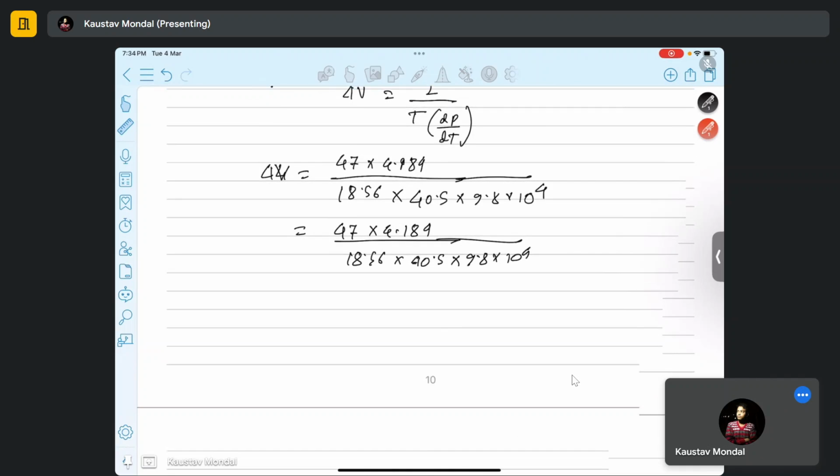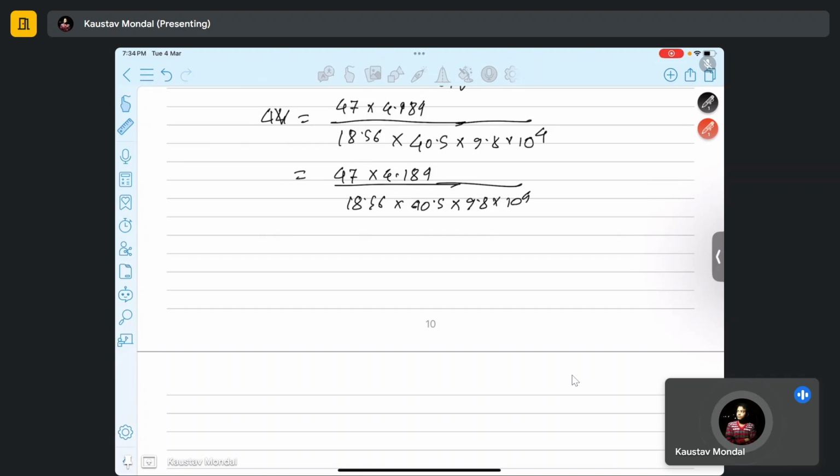Then if you do this multiplication, this whole thing cancels, and this will give you delta V equal to 2.669 centimeter cube mole inverse.